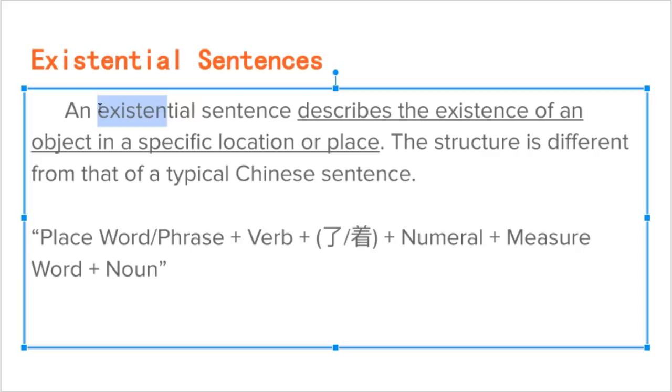So 在一个房间里，在公寓里，你的家具在哪里？ And you could use a normal structure, like I'd say, 书在桌子上。But instead, we're going to use a structure, on the table is lying a book. And that's just a common way to express the location of objects in Chinese. And we're going to practice it.